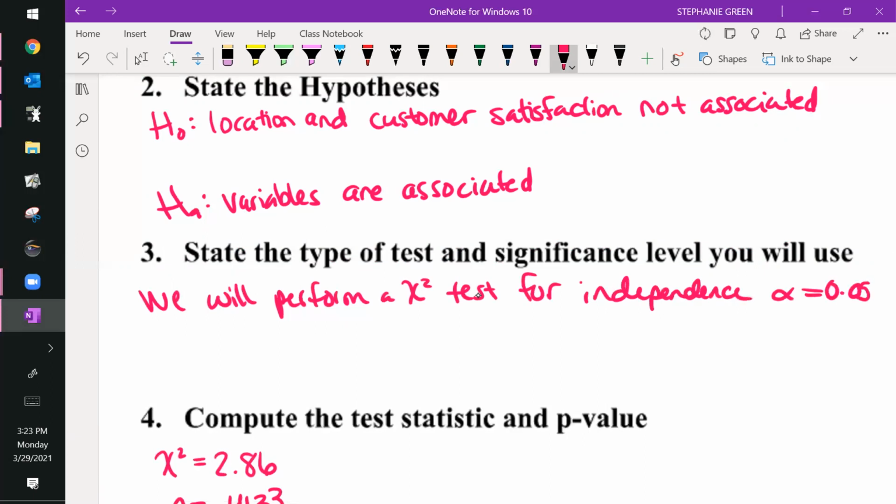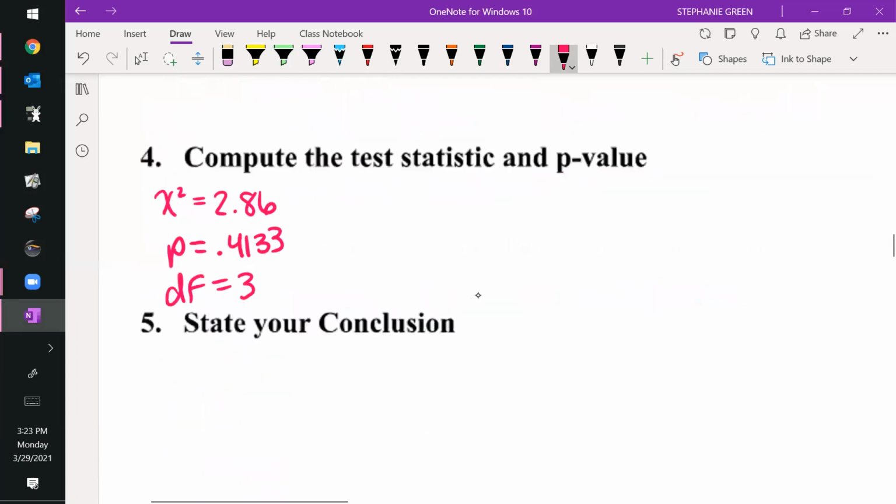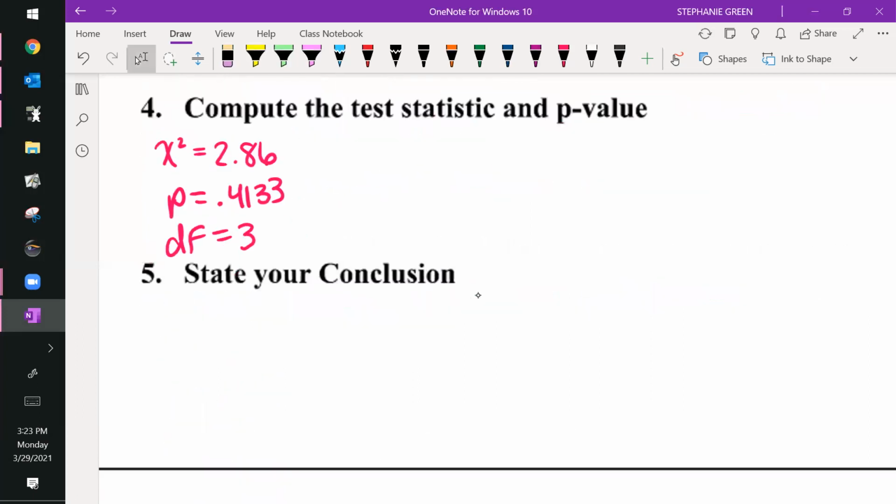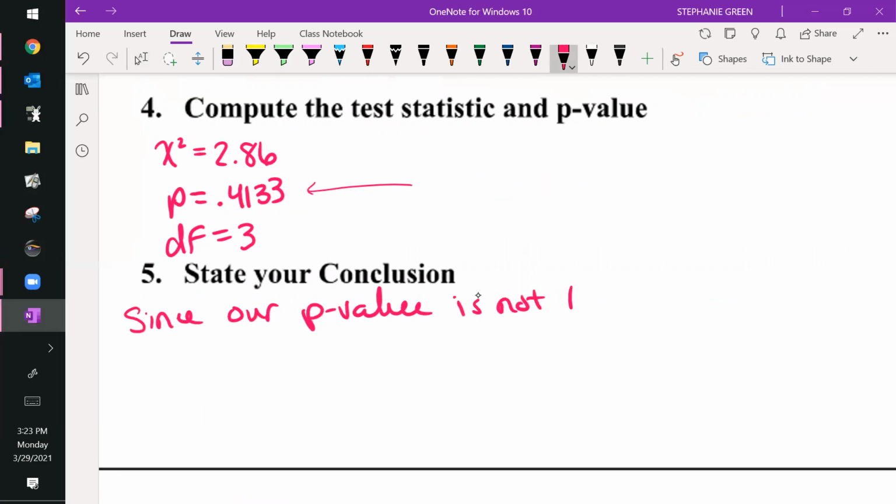Then we need to compute our test statistic and our p-value. Oh, guess what? They're already there. So we can go straight to stating our conclusion. Our p-value, 0.4, is definitely not less than 0.05. So we fail to reject our null since our p-value is not less than alpha.